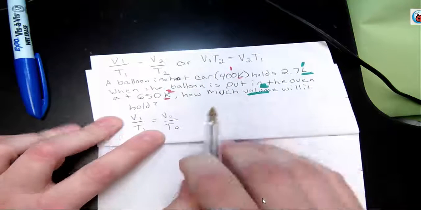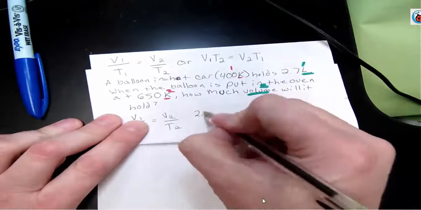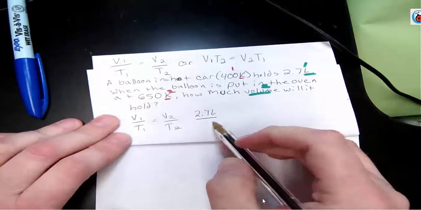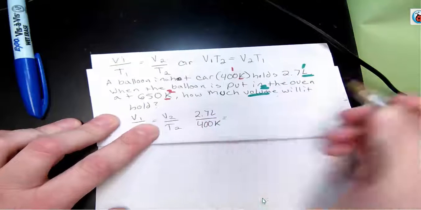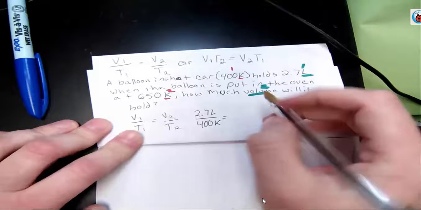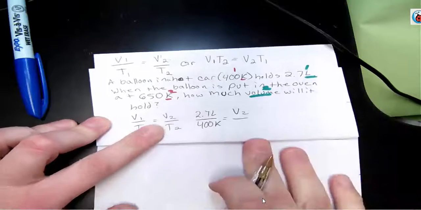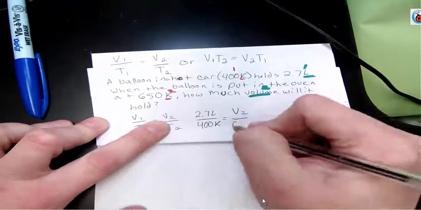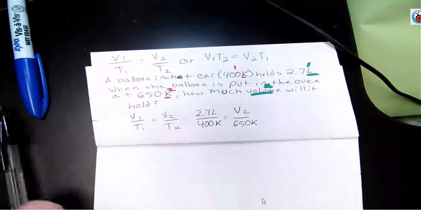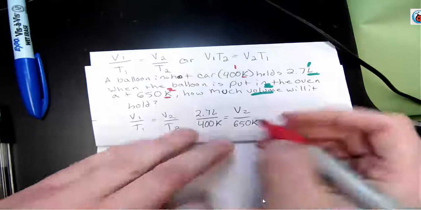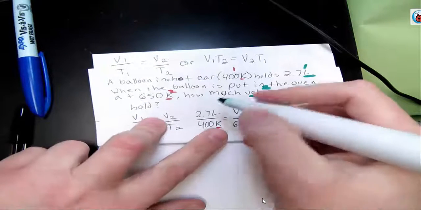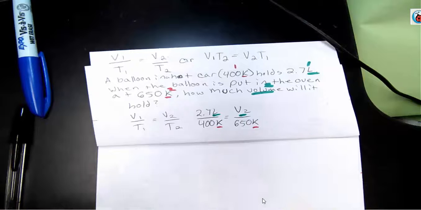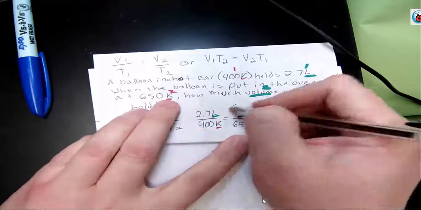So we'll go ahead and plug in volume 1, 2.7 liters, divided by temperature 1, 400 Kelvin, equal to volume 2, which we don't know what it is, over temperature 2, the 650 Kelvin. So again, it might be helpful to just color code your units to help you pay attention to that. So now we just cross multiply and divide.